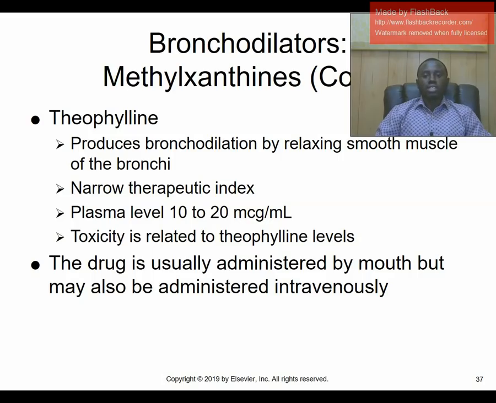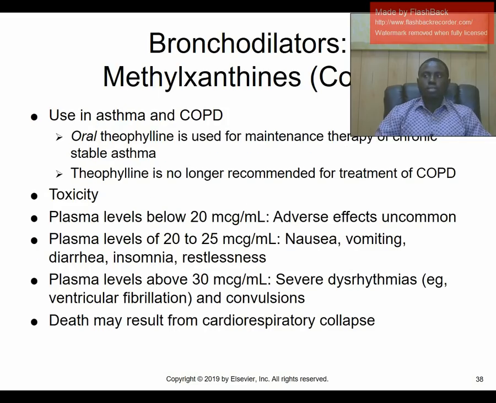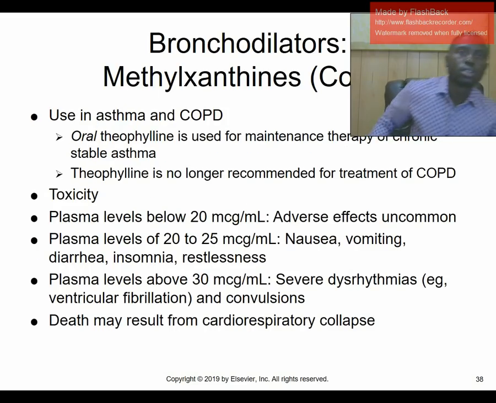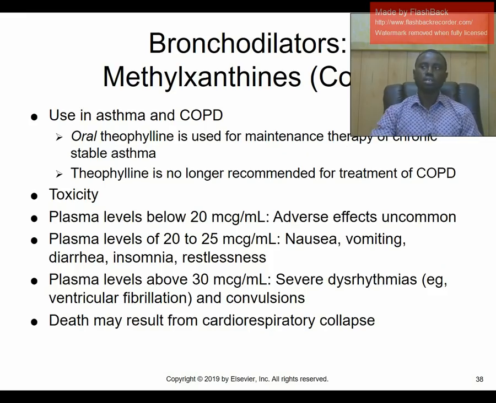If it is administered by the IV route, think about the pharmacodynamics. The effects are going to be much more difficult to reverse. And so the preferred route is the oral route, which is by mouth. Methylxanthines are used in both asthma and COPD.